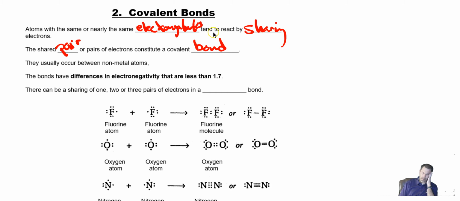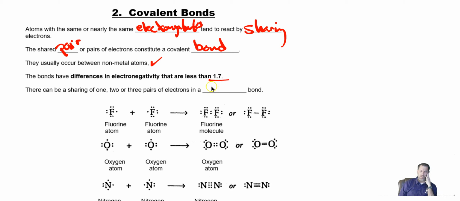So they will share, versus ionic, which loses and gains. They usually occur between nonmetal atoms. This is a good important thing there. Since a metal and a nonmetal, their differences are so great in electronegativity, they don't share. They have to lose. So a bond between two nonmetals has to share because their electronegativity differences are small.